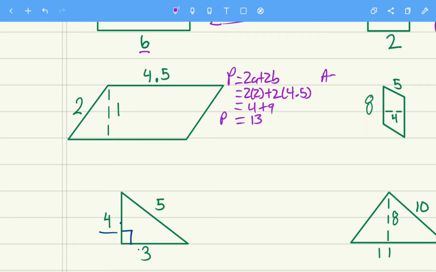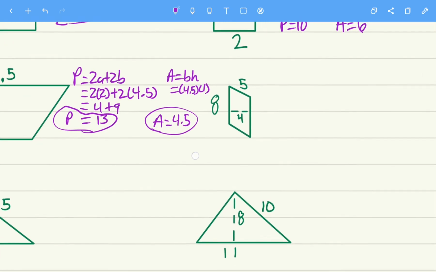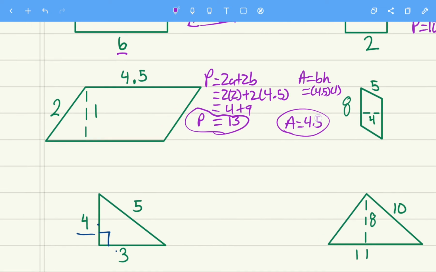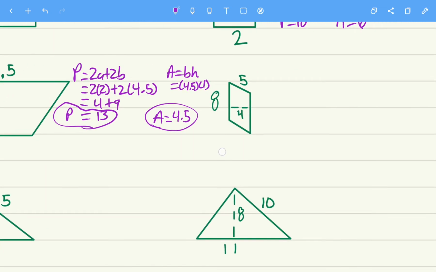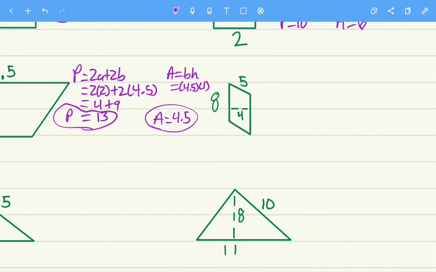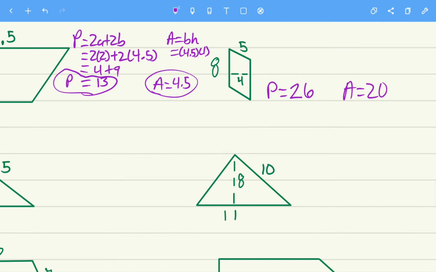And area, that's going to be base times height, which is 4.5 times 1, which is just 4.5. So these are our perimeter and area of the first parallelogram. Go ahead, try this one. Pause the video if you have to. And there is our perimeter and area.